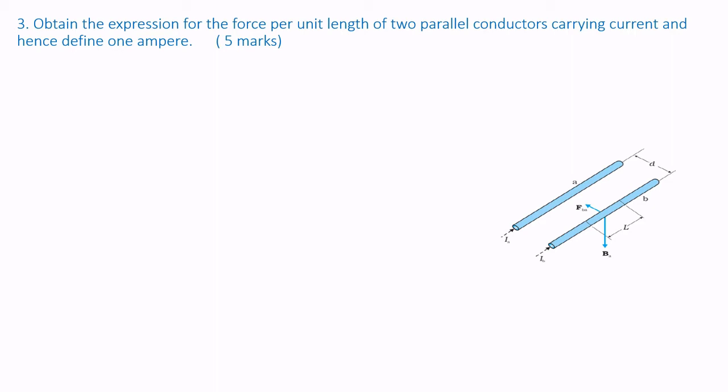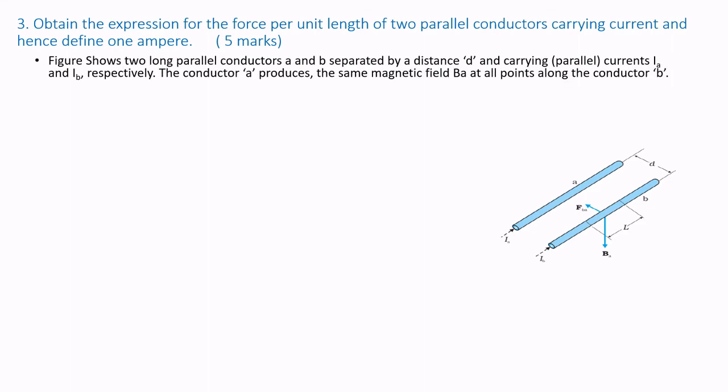In the figure, two conductors A and B are carrying currents IA and IB in the directions shown. d is the separation between these two conductors, and let us consider a length L of the conductor as shown in the diagram.